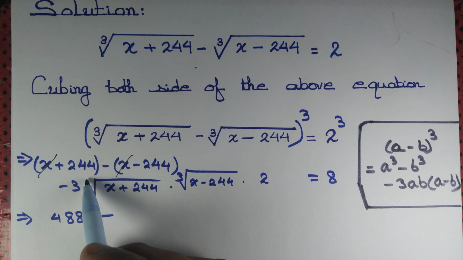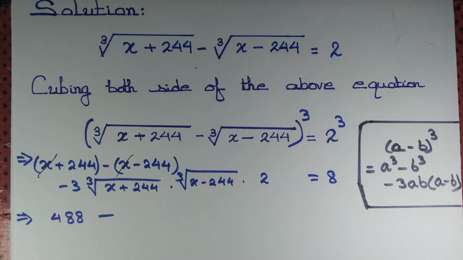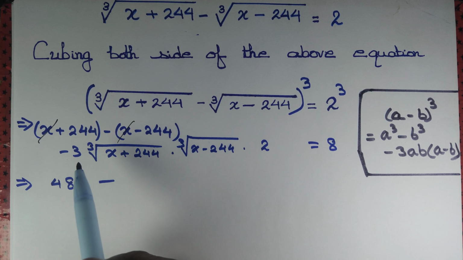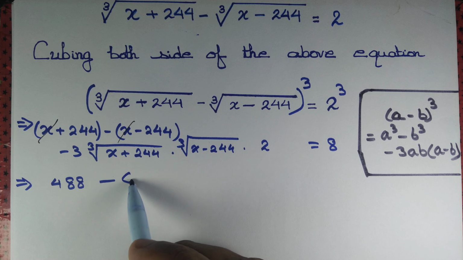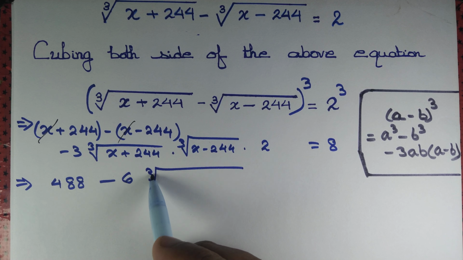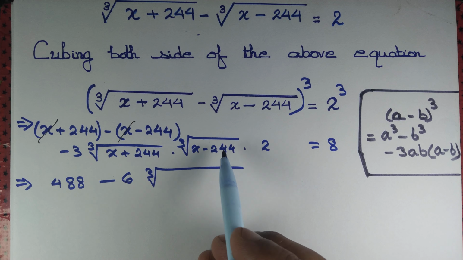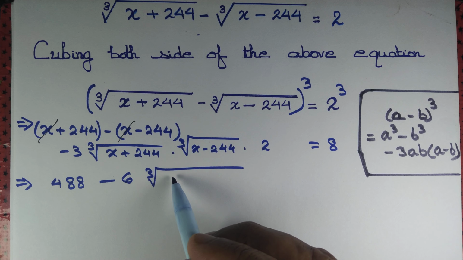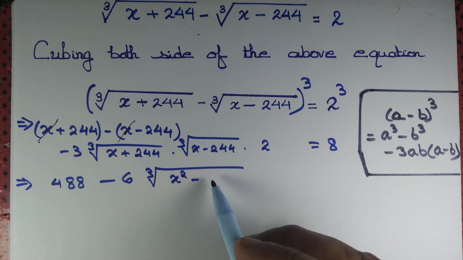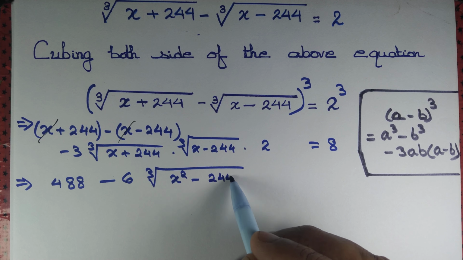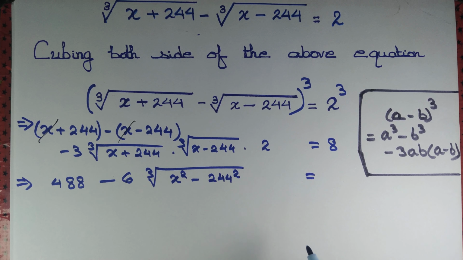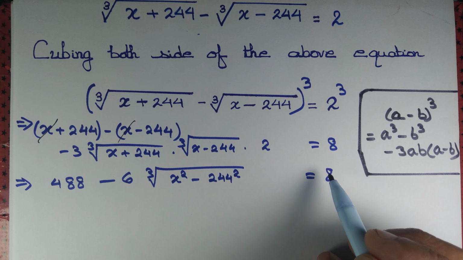Minus 3, oh this is cube root here, 3 times 2 is 6, cube root of a plus b into a minus b, that's equal to a square minus b square, x square minus 244 square, equal to 8.